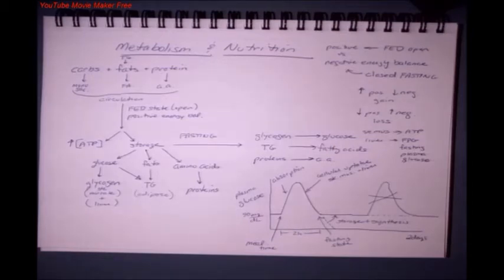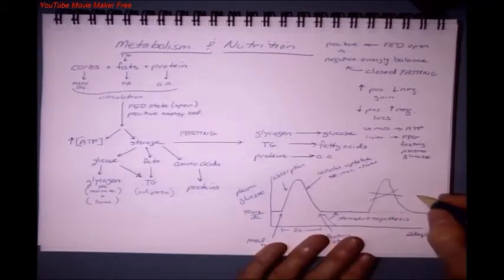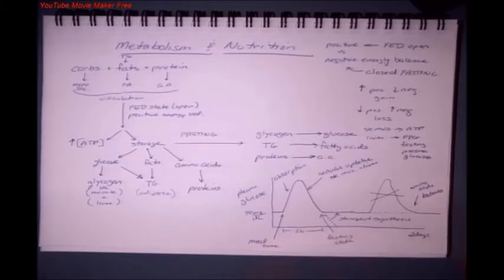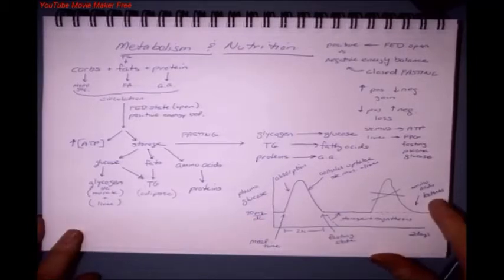The liver's still making glucose, but now at this point is when you are going to be relying on amino acids from your proteins and ketones from ketogenesis. So these principles here get out into long-term fasting starvation states.